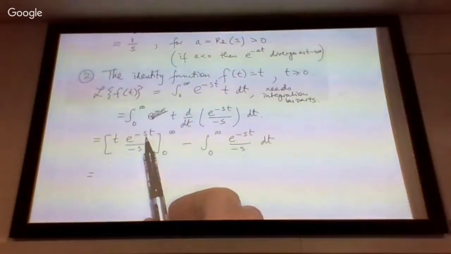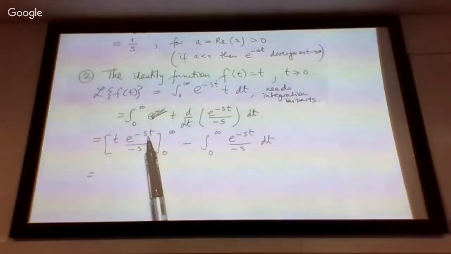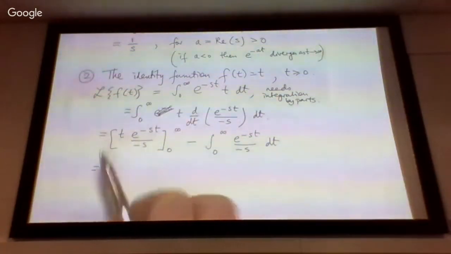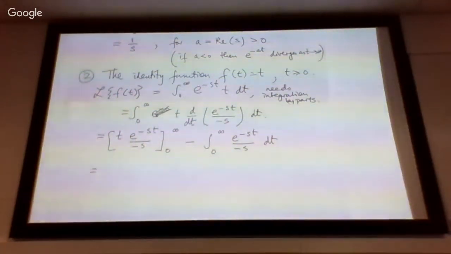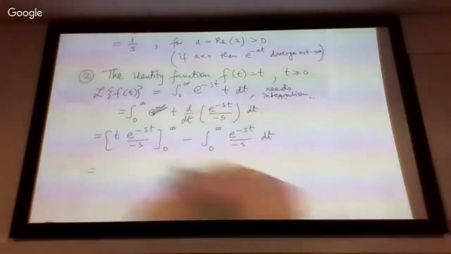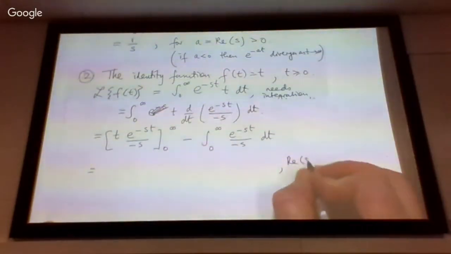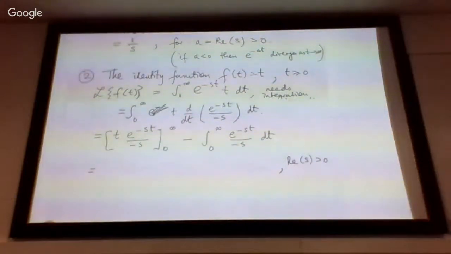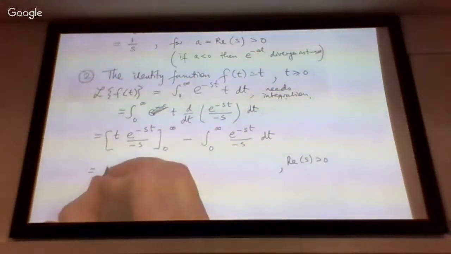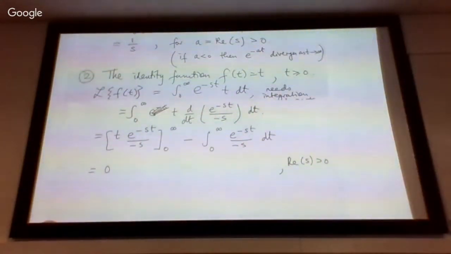If the real part of s is negative, then that exponential is going to be exploding in value very, very fast. So the convergence of this factor still comes down to the behavior of the exponential. So as long as the real part of s is positive, we will have convergence to 0 as t goes to infinity.